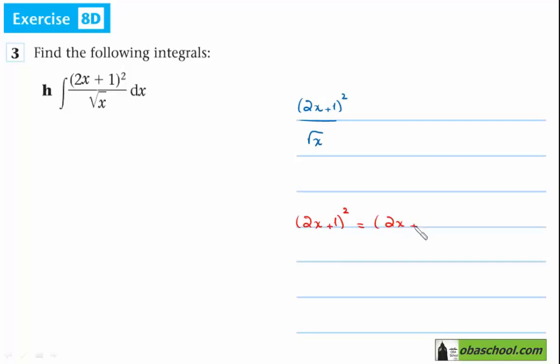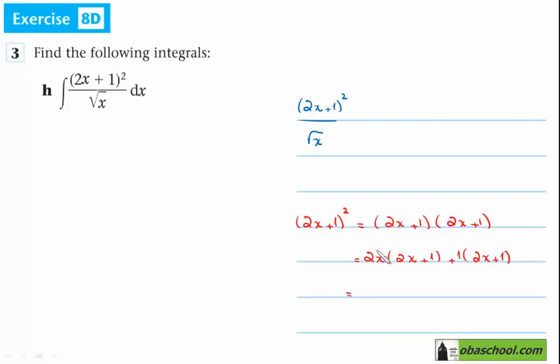This is equal to (2x + 1) multiplied by (2x + 1). We can split the first bracket, so it becomes 2x multiplied by (2x + 1), and then the second term of the first bracket, plus 1 multiplied by (2x + 1).